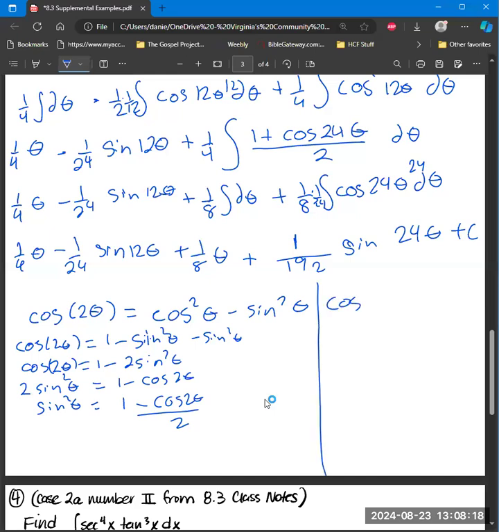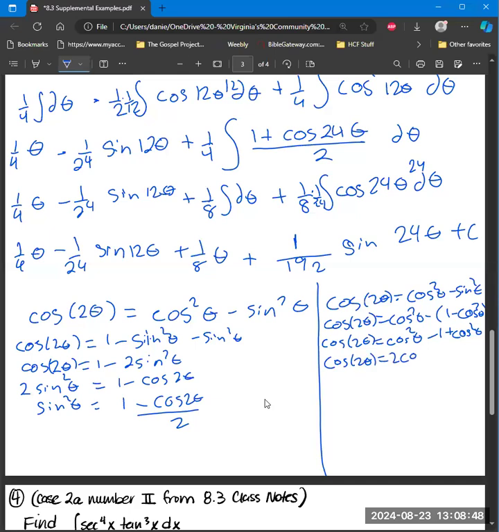Likewise, I could say cosine of 2 theta is equal to cosine squared theta minus sine squared theta, and replace the sine squared theta with 1 minus cosine squared theta. Cosine of 2 theta is equal to cosine squared theta minus 1 plus cosine squared theta, which is 2 cosine squared theta minus 1.